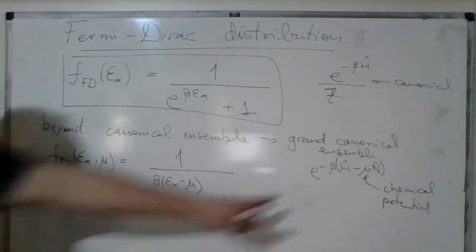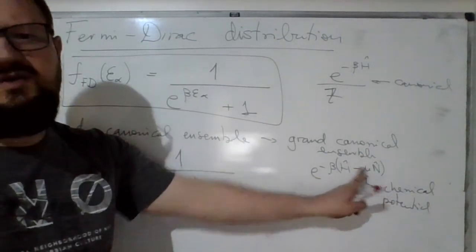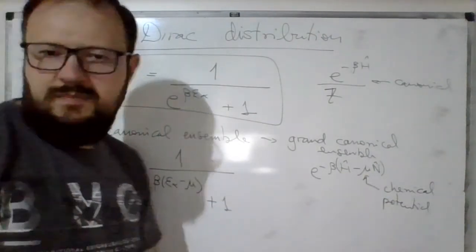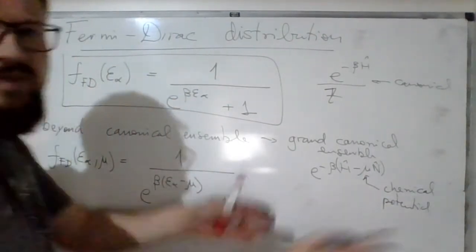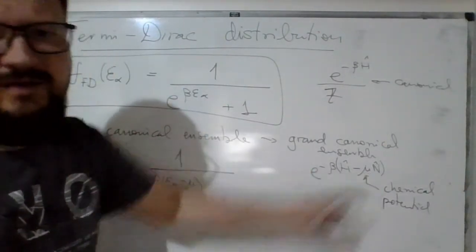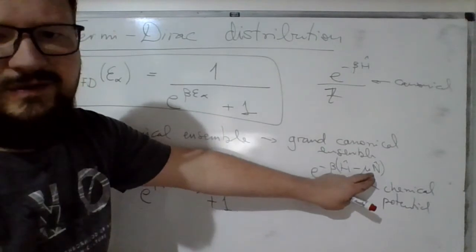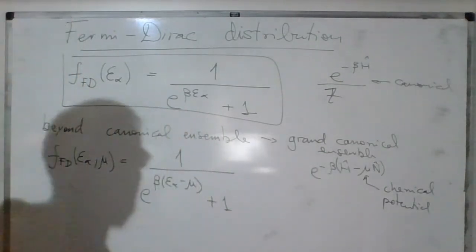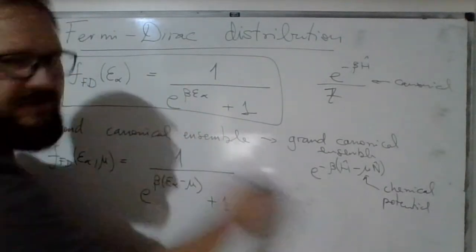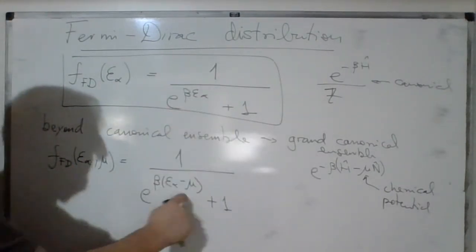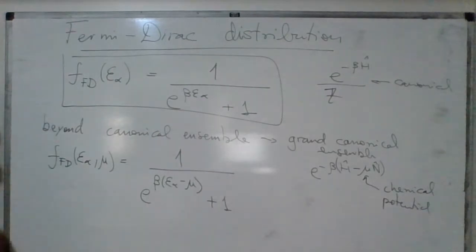It is just a redefinition of the energy. Notice each energy of the system is now just displaced by some factor mu. The chemical potential is subtracted from each energy of the system, and therefore the calculation is the same, but you just need to replace E alpha by E alpha minus mu for any given system.